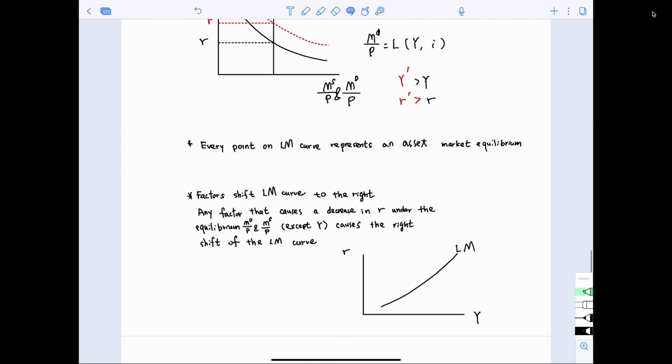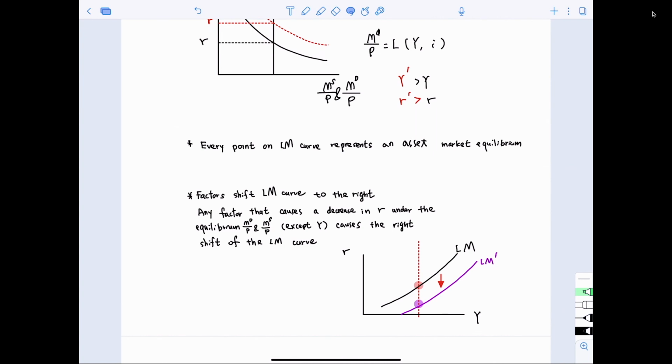That is because if we look at the LM curve, whatever factor causes changes in R except changes in Y tells us that, given a level of Y, something happened and caused R to decrease from one level to another. So we will come up with a new LM curve at a lower position than the previous one.